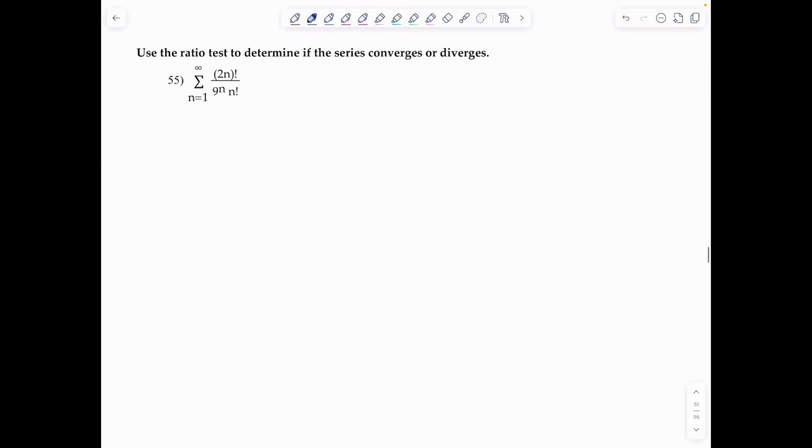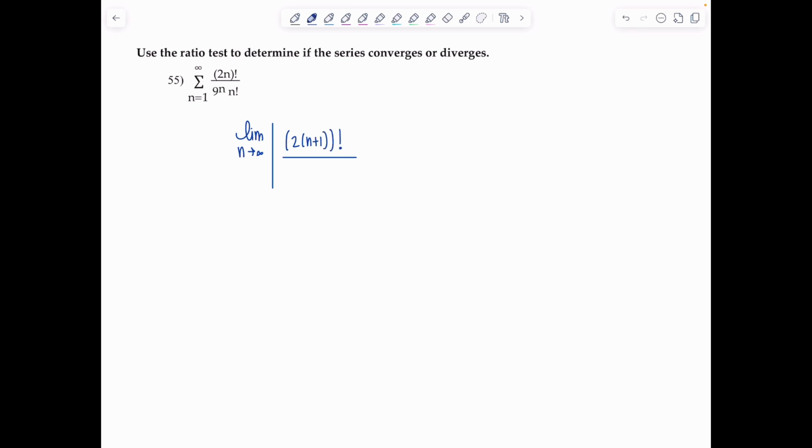Use the ratio test to determine if the series converges or diverges. All right, anytime you see factorials, you're going to use the ratio test. I honestly would be hard-pressed to think of a scenario where I wouldn't use it, okay? So absolute value, a sub n plus 1, be careful. This 2n factorial, put n plus 1 in parentheses, all right?